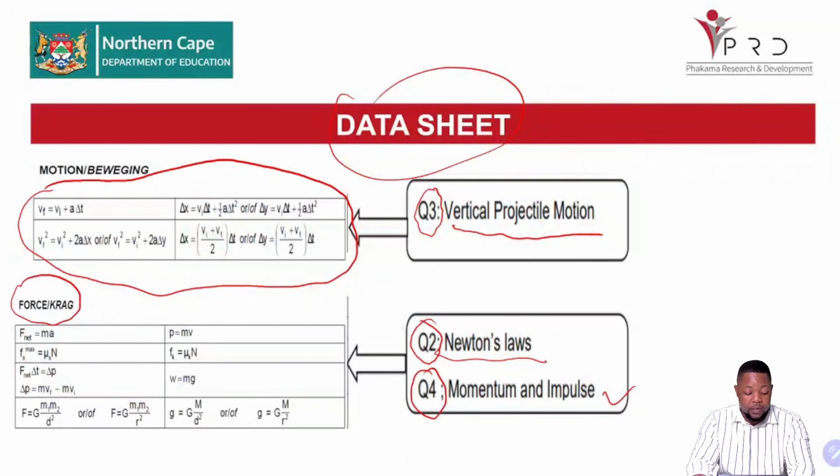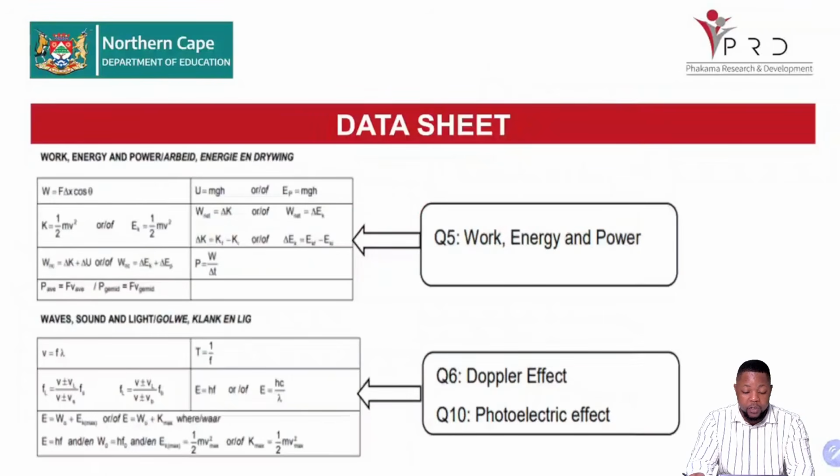So it is very important that you look at your data sheet, you understand all the formulas and all the symbols in the formulas, and you know the meaning of all the constants and where to find the constants should you need to use them. So the data sheet is very, very important for your preparation.